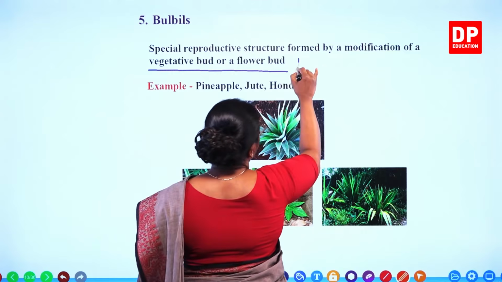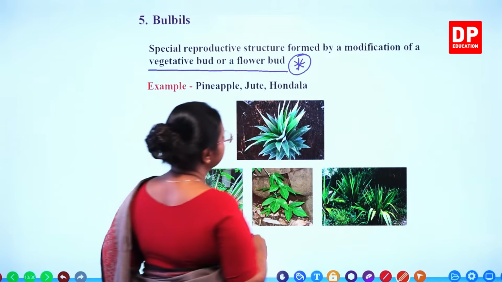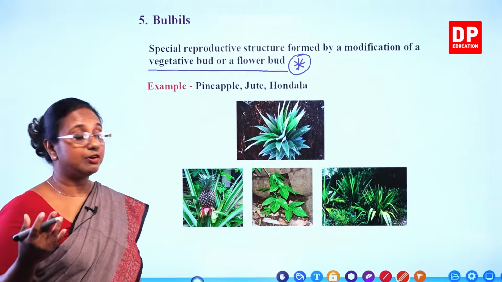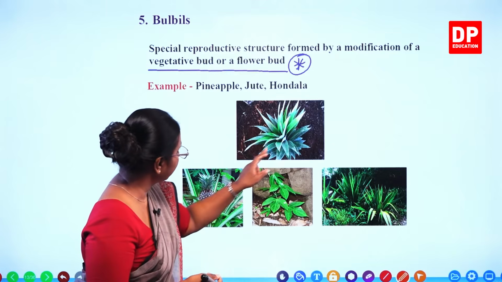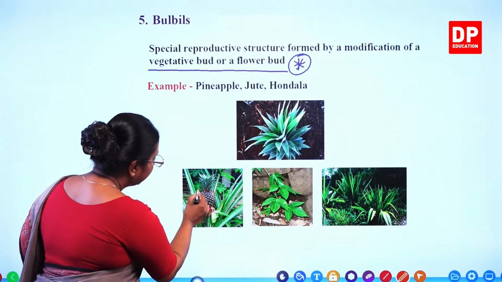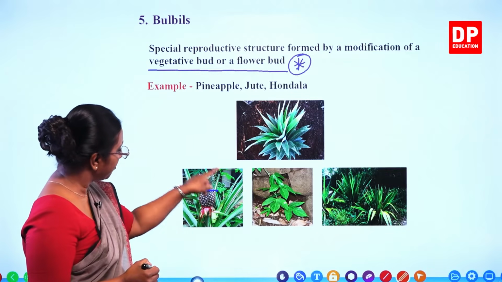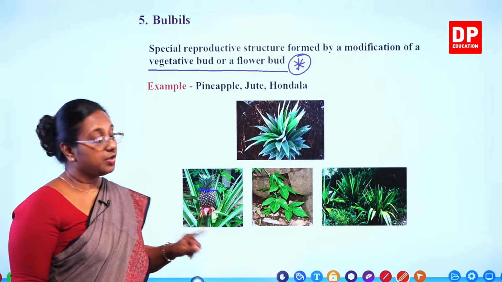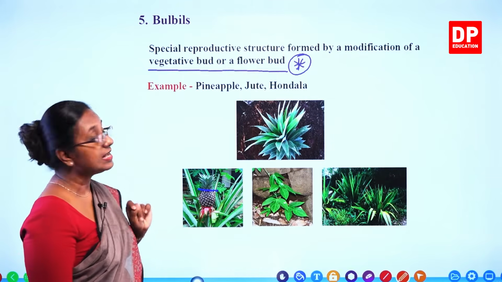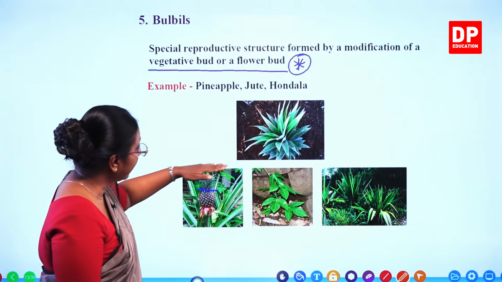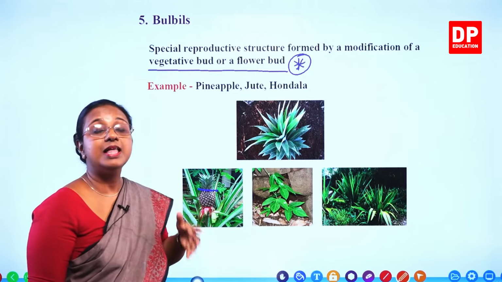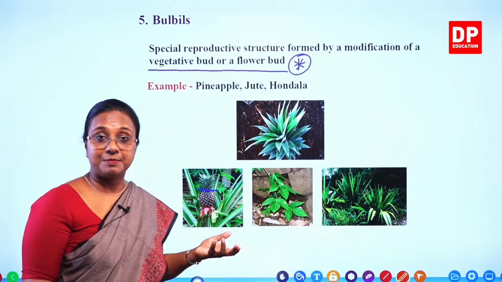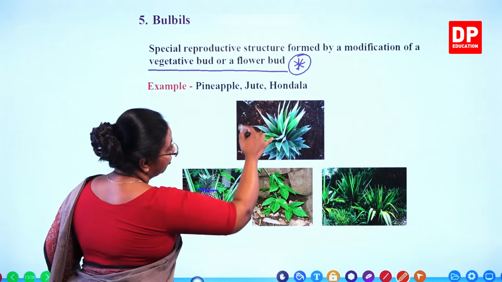That's very important. If you look at the pineapple, this part is the modified bud. That is what we call a bulbil. If you cut that and plant it like this, that will grow into a new pineapple plant. So this is how it is done.